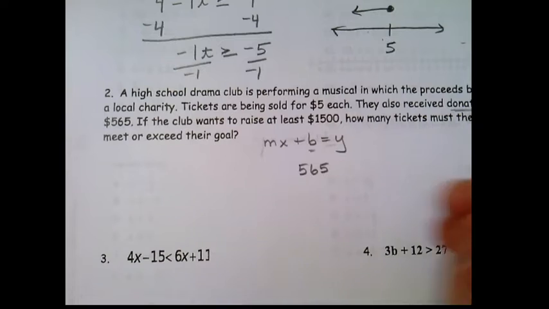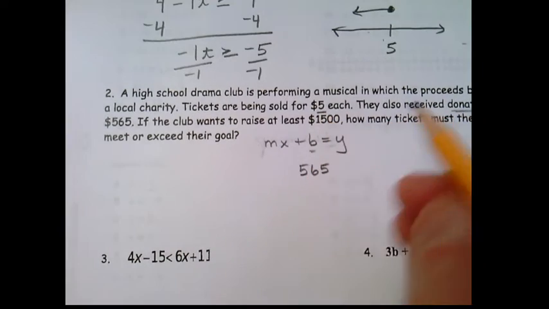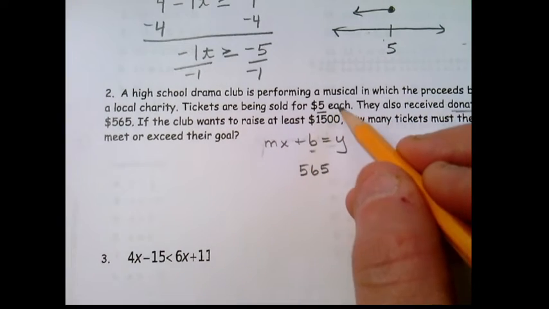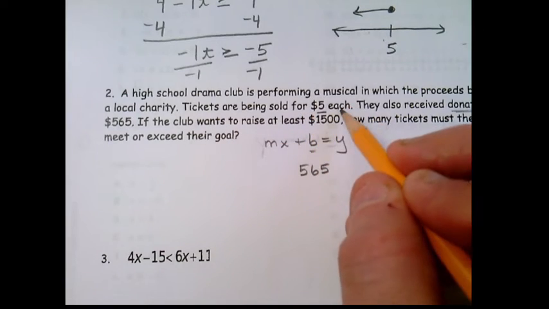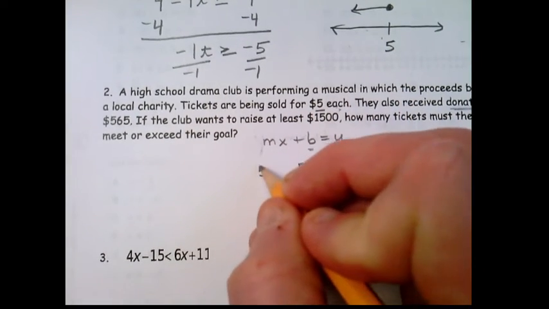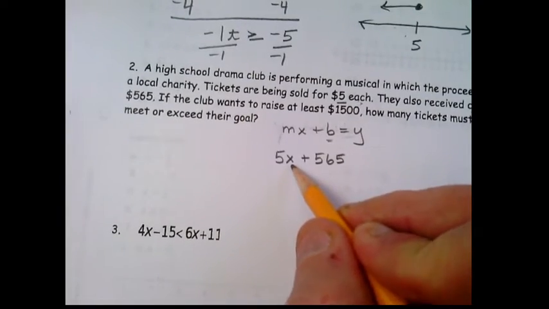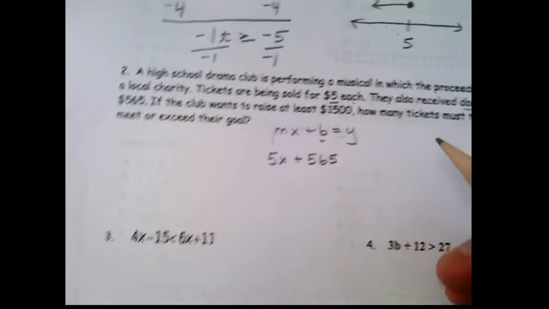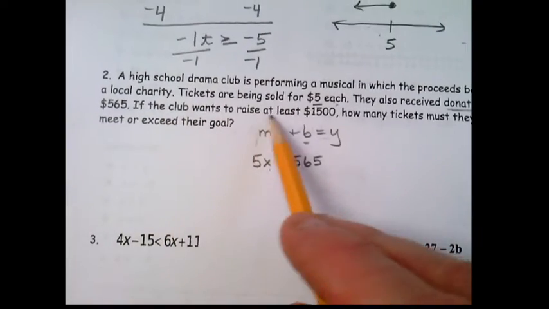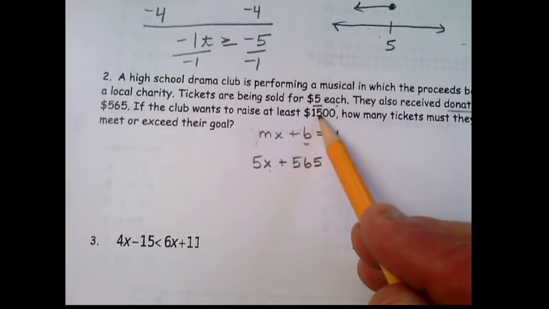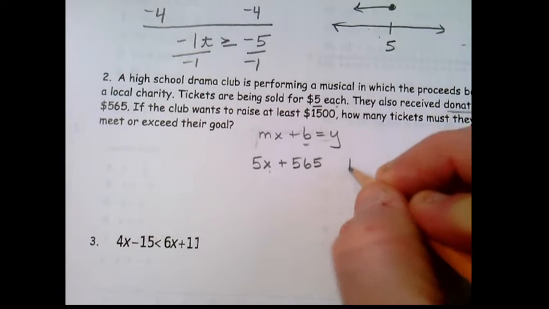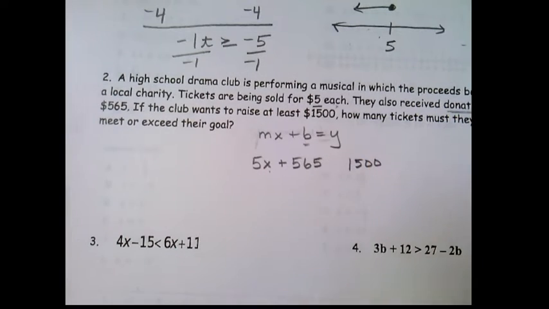Okay. Now the rate of change, the number of tickets sold, tickets are being sold at $5 each. So I'm going to put this down as the rate of change. Okay. So if I sell 2 tickets, that's $10, 3, 15, so on and so forth. Okay. If the club wants to raise at least $1,500, I'm going to put the $1,500 in for Y. Okay.